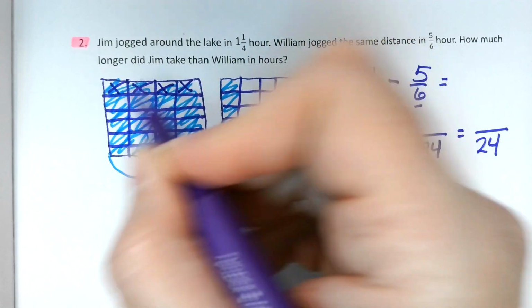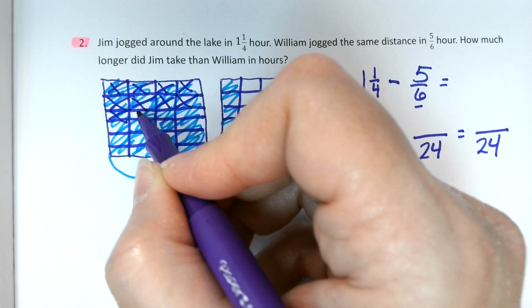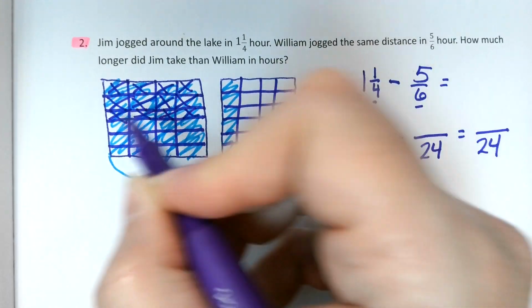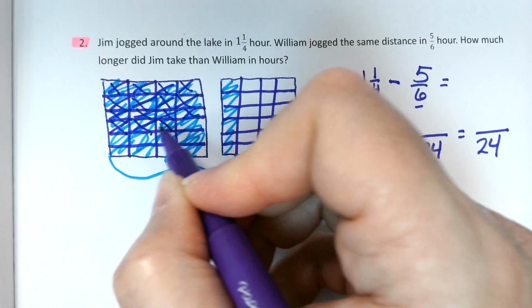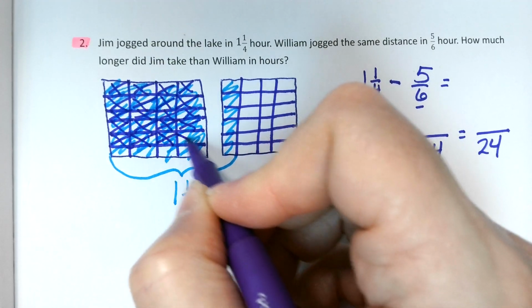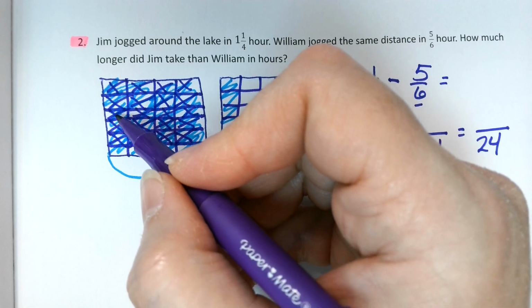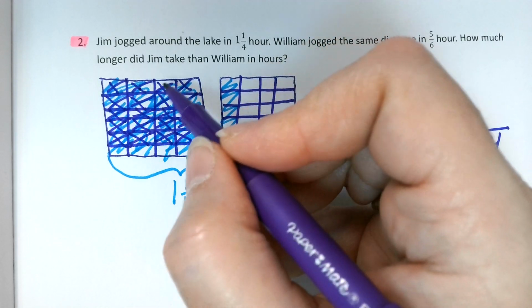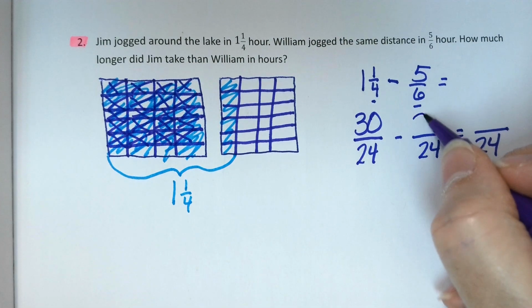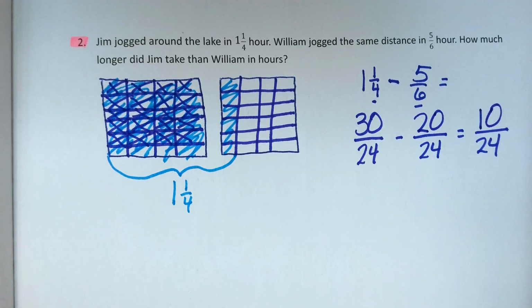So there's 1/6, 2/6, 3/6, 4/6, and 5/6. So how many did I cross out? 1, 2, 3, 4, 5, 10, 15, 20. 30 minus 20 is 10.